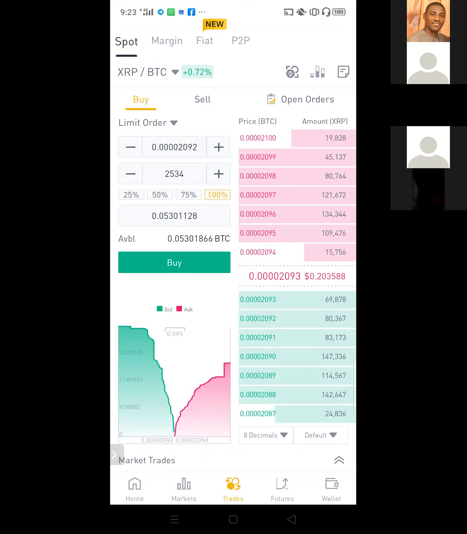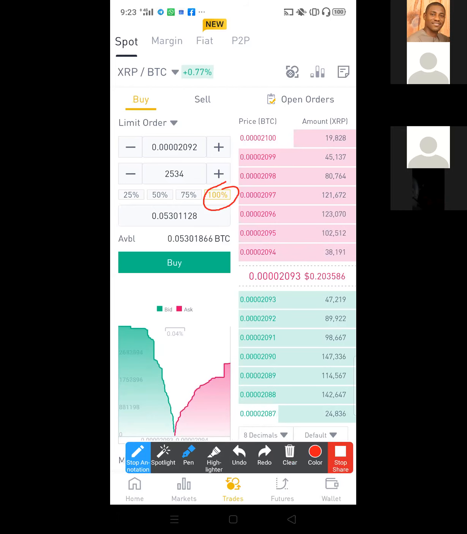So if I'm sure that's what I want to do, remember limit order. Let me bring out the marker again. Here we have limit order.